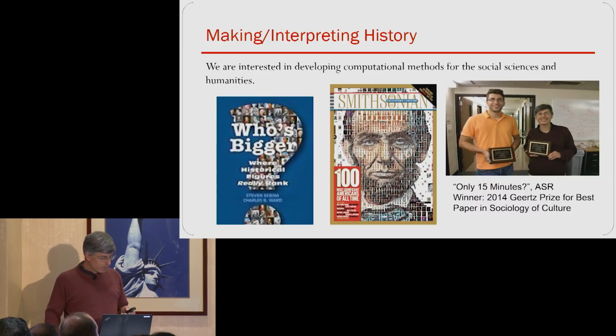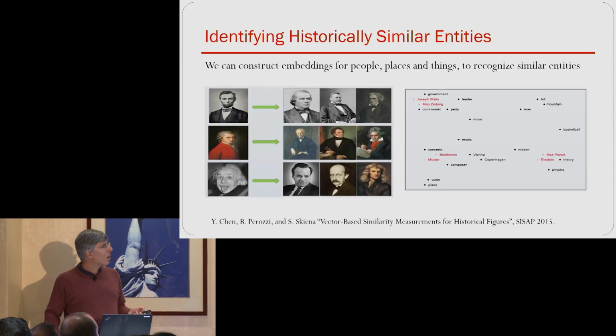And one kind of question that you would like to be able to ask is, which people are similar to each other? You can imagine that the population of Wikipedia, depending on when you do it, is 500,000, 1 million people, and certain people are similar based on some kind of roles, when they were in history, what they were doing.